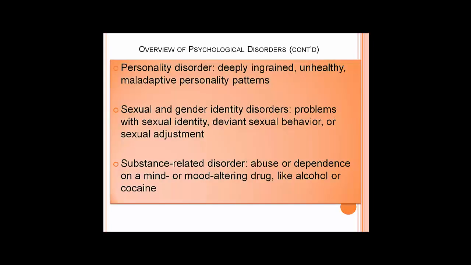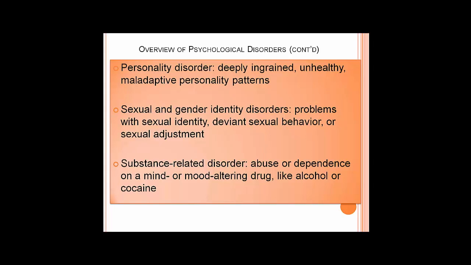Then there are personality disorders, and these are deeply ingrained, unhealthy, maladaptive personality patterns that the individual with a bona fide personality disorder takes everywhere, every single context, every single problem, every single social environment, culture, whatever, that personality gets applied everywhere.